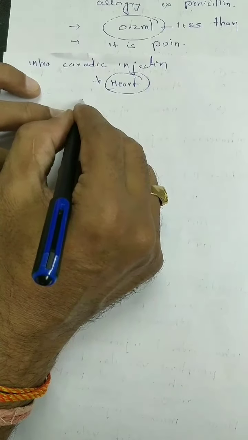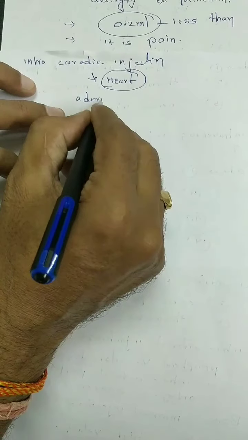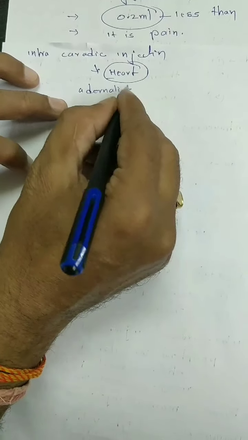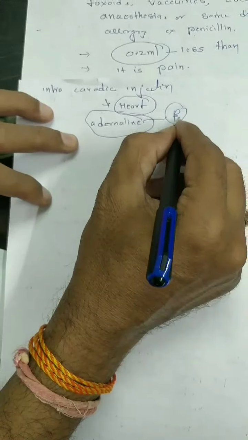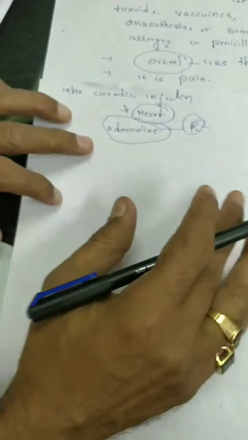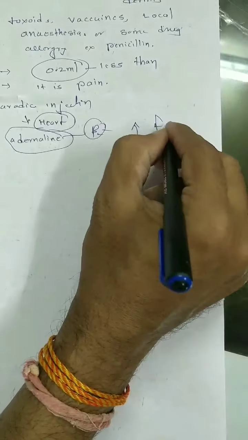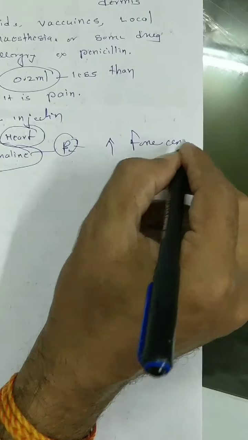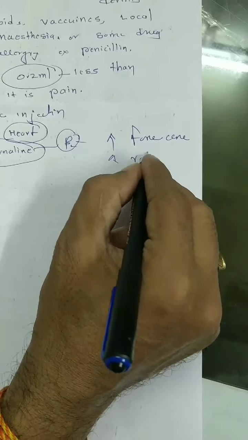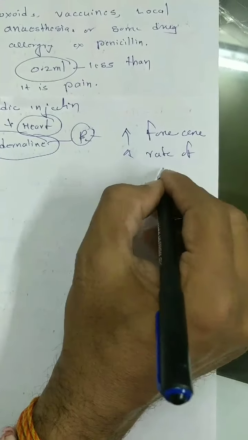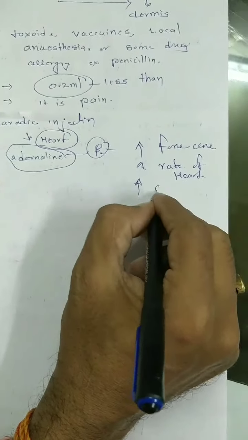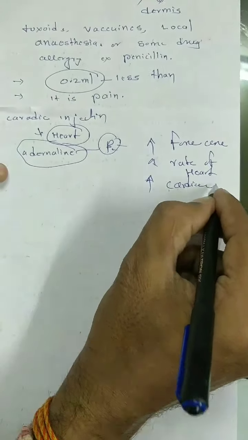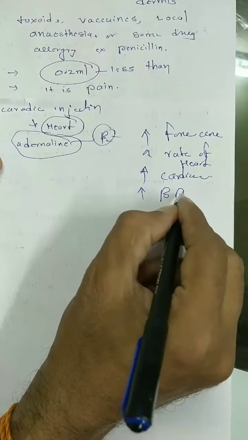It stimulates the beta 2 receptor, and then the heart is stimulated: it increases the force of contraction, increases the heart rate, increases the cardiac output, and increases the blood pressure.